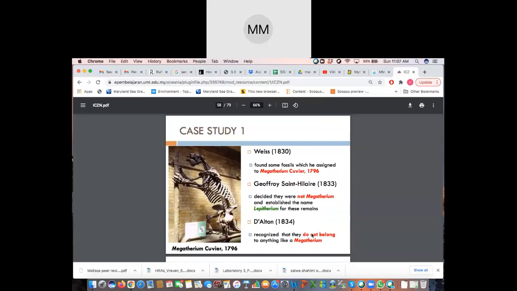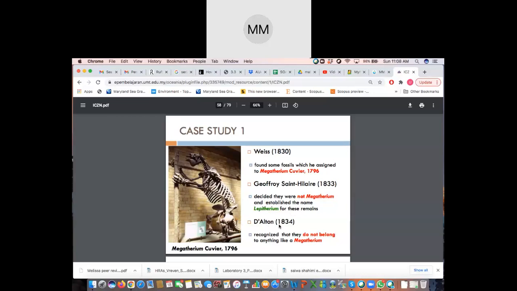Weiss in 1830 found fossils which he assigned to Megatherium Cuvier 1796. Later, Geoffroy Saint-Hilaire in 1833 came on the scene and decided that the fossil they found was not Megatherium, but that the established name should have been Lepitherium for these remains.